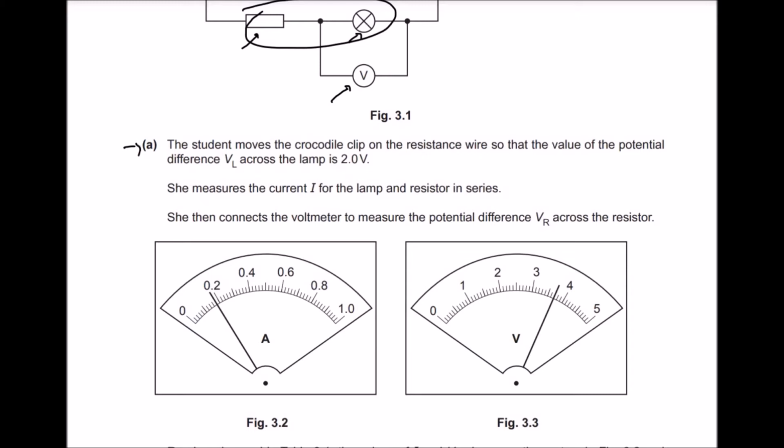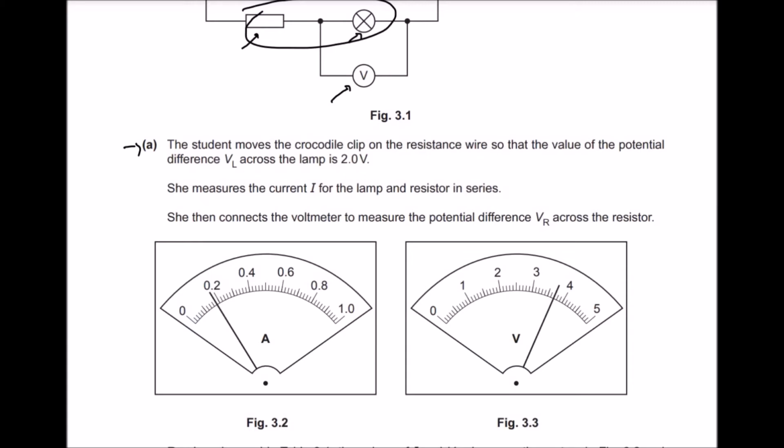In part A, the student moves the crocodile clip on the resistance wire so that the potential difference across the lamp, VL, is 2.0 volt. She measures the current I for the lamp and resistor in series. She then connects the voltmeter to measure the potential difference across the resistor, VR, like this.